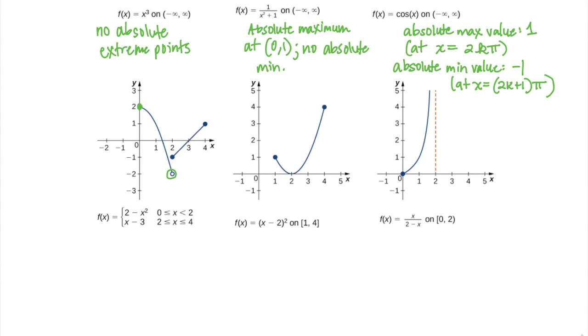We don't get to that value, and we can't say what the next highest value is, right? So there's an absolute max at the point 0, 2, but there's no absolute min.